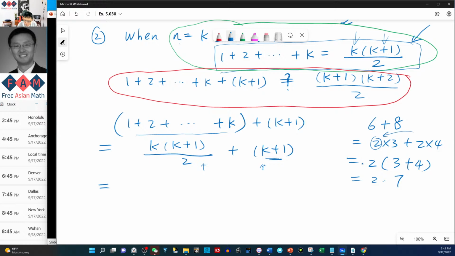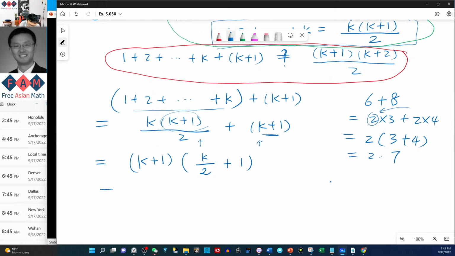So when we do this, we can factor out k plus 1 from both terms. And for the first one, because this guy is now being factored out, this will be k over 2 plus 1. Okay, and what is this? This is exactly k plus 1 times k plus 2 over 2.